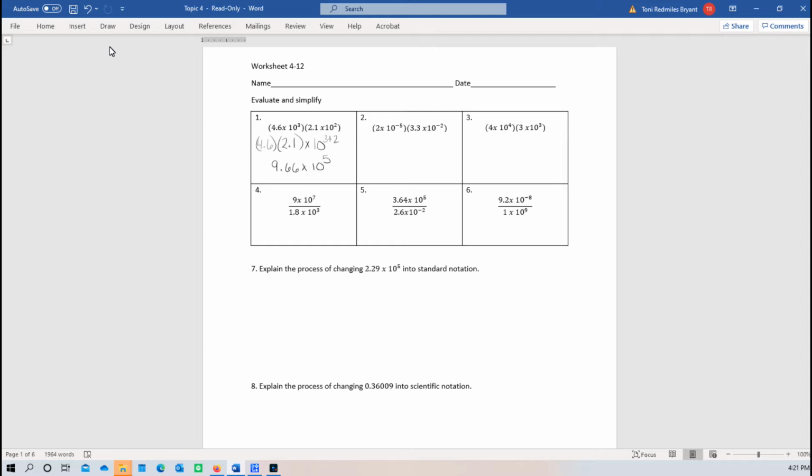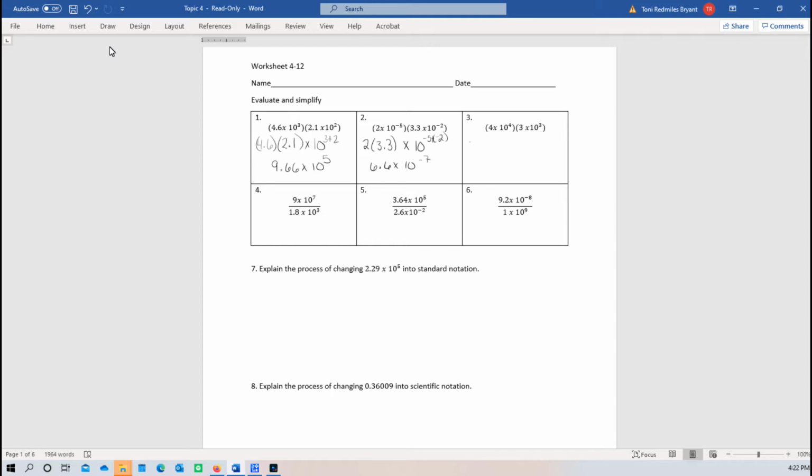All right, the next one, we take our 2 and our 3.2, and we're going to multiply those together, and we're going to do the product rule on our exponents. So -5 and -2 are being added together. 2 times 3.2 is going to be 6.4, and -5 plus -2 is going to be -7.